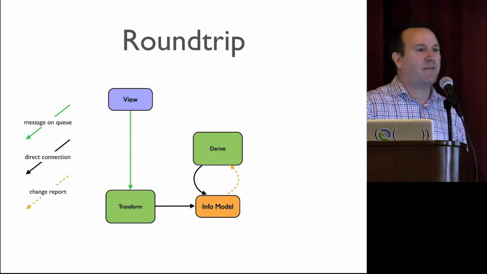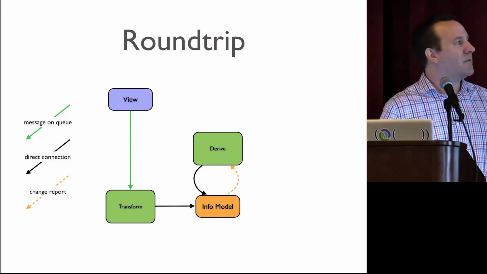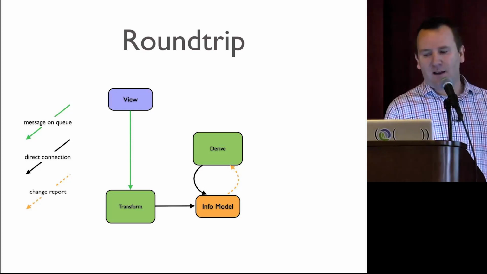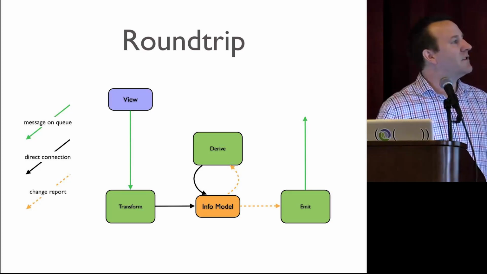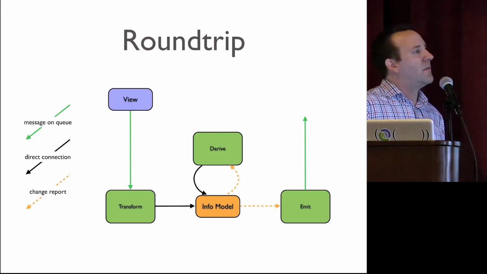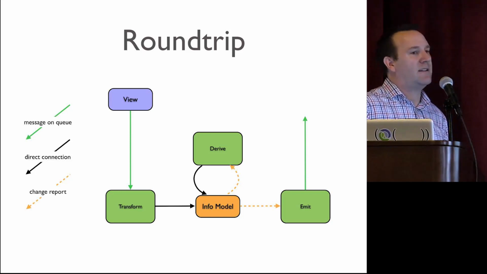And the same thing, we find a function that cares about that. The return value updates the data model. And these run until we're finished. And then when we're finished, we have a change report coming out the other side, and we find a function that is going to generate the data that we're going to send up for rendering.